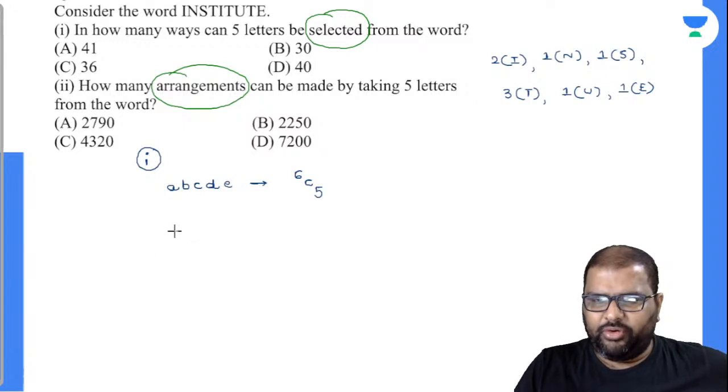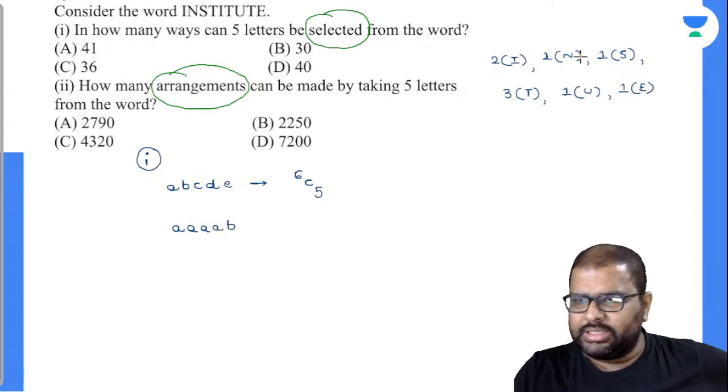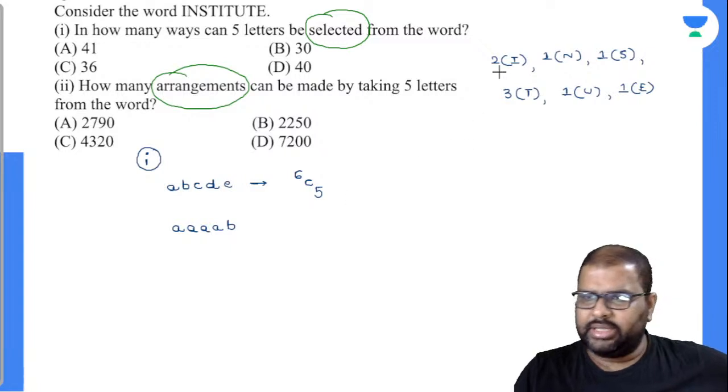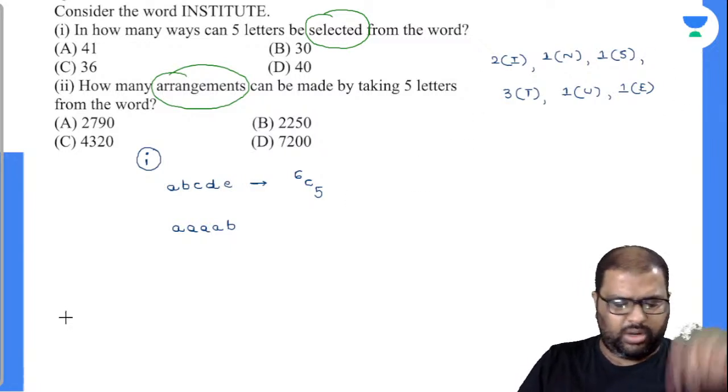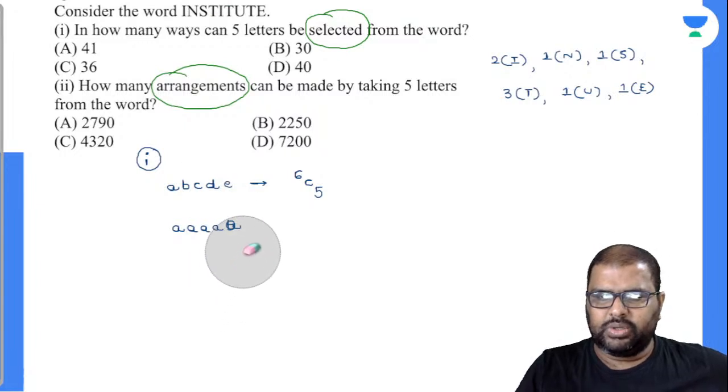Can there be 4 alphabets the same and 1 alphabet different? No, there is no such chance because there is no box with 4 or more alphabets. Eliminated. Can there be all alphabets same? No, because there is no alphabet with 5 alphabets same. So eliminate it.